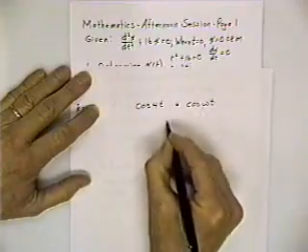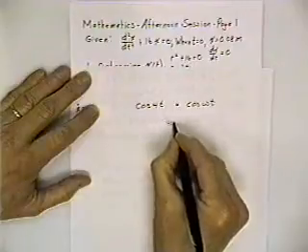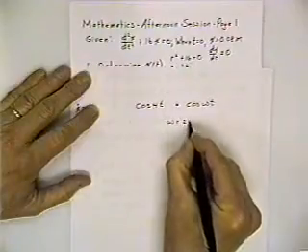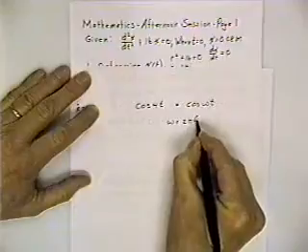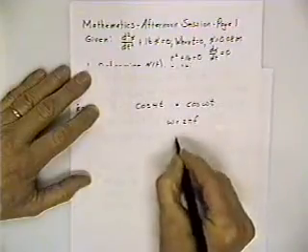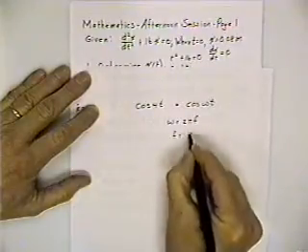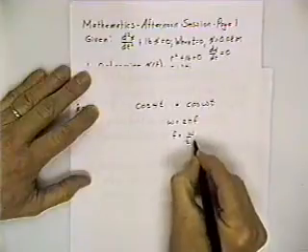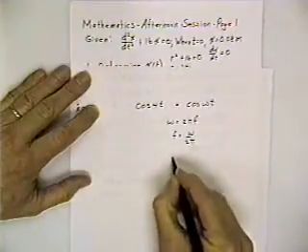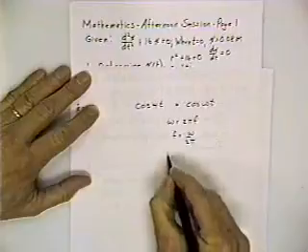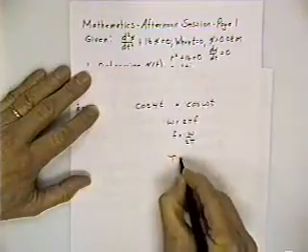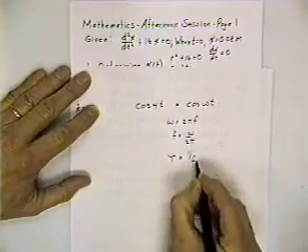Omega is what's called the circular frequency, and it's equal to 2 pi times the frequency. So the frequency is equal to omega divided by 2 pi, and this problem asks you for the period. The period is the reciprocal of the frequency.